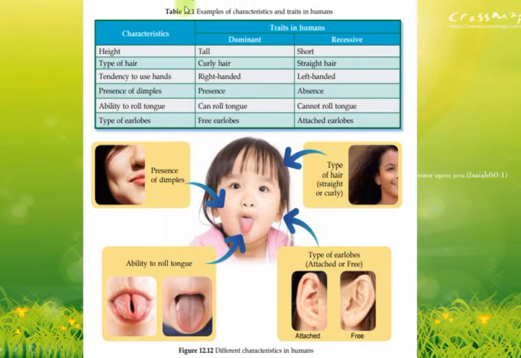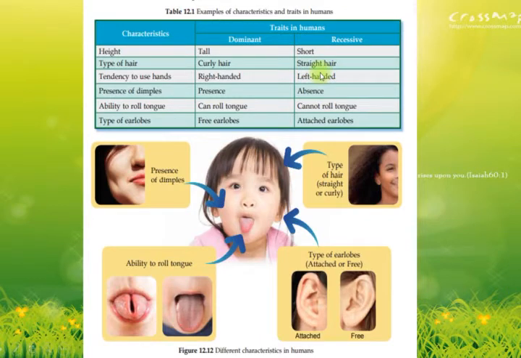These are examples of characteristics and traits in humans. For the characteristic height, the dominant trait is tall and the recessive is short. Type of hair: dominant is curly hair and recessive is straight hair. Tendency to use hands: right-handed is a dominant trait, left-handed is a recessive trait.